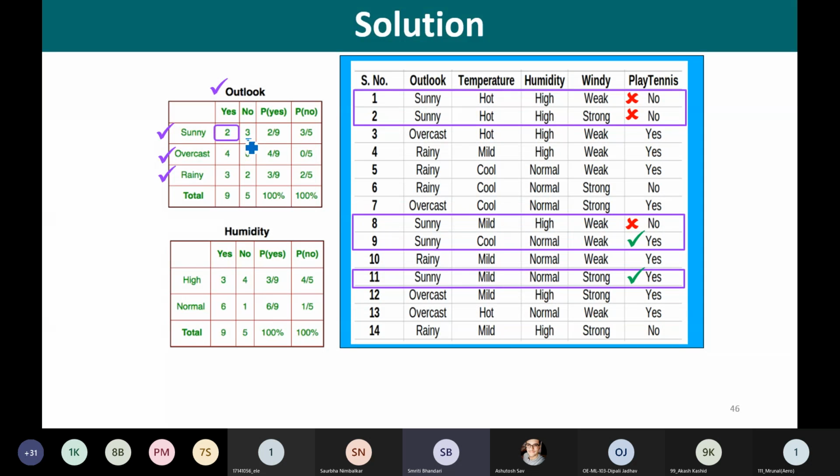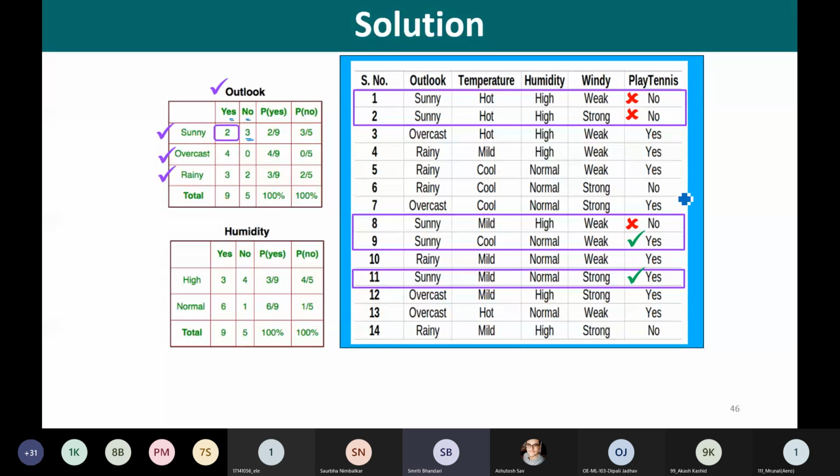Okay, now what are we going to do next? We are going to compute the probability of this yes and the probability of this no. How are we going to compute that? If we look once again at this training data set, how many instances have the play tennis value as yes?